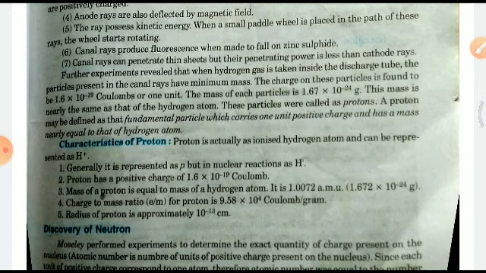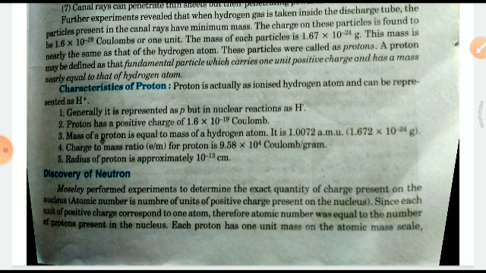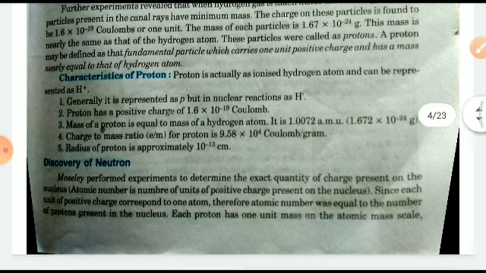Generally it is represented by p, but in nuclear reactions as H. A proton has a positive charge of 1.6 into 10 to the power minus 19 coulomb. Mass of proton is equal to mass of hydrogen atom. Charge to mass ratio for proton is 9.58 into 10 to the power 4. Radius of proton is approximately 10 to the power minus 12.